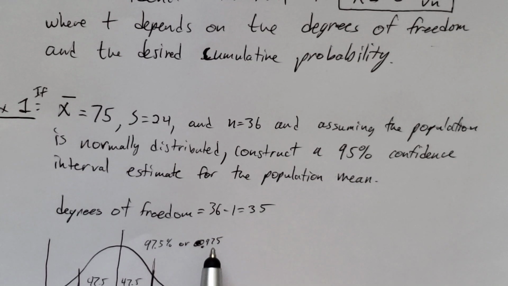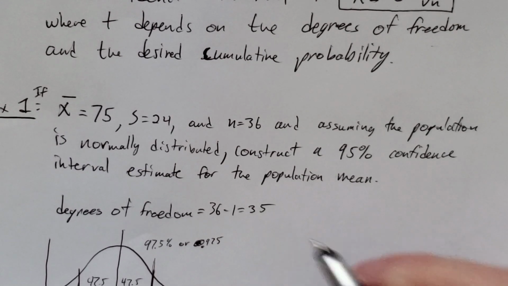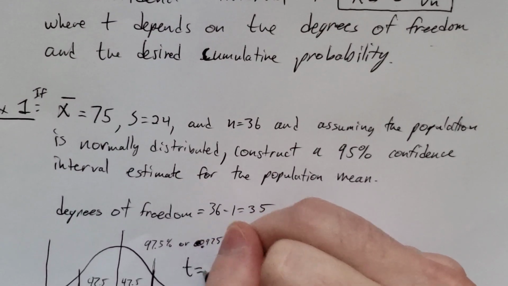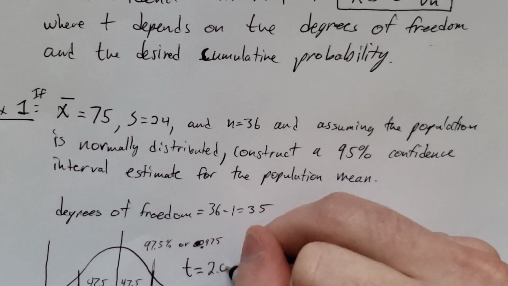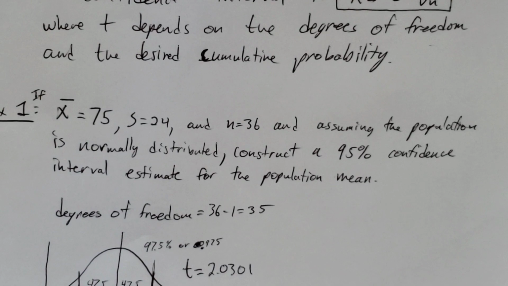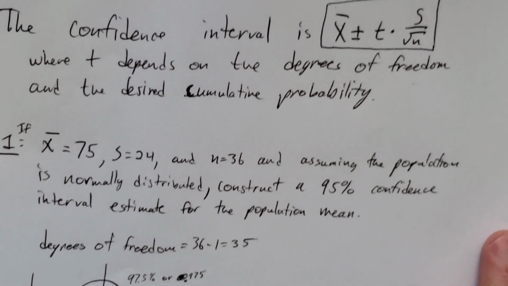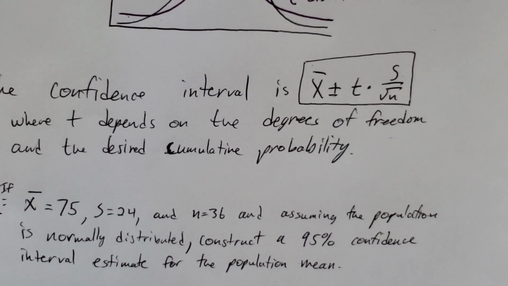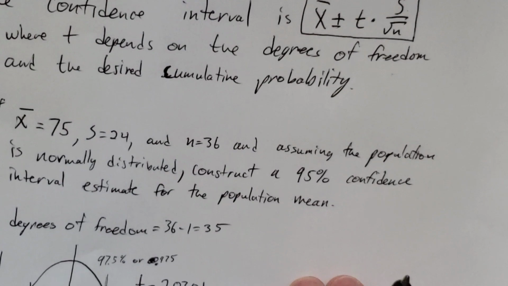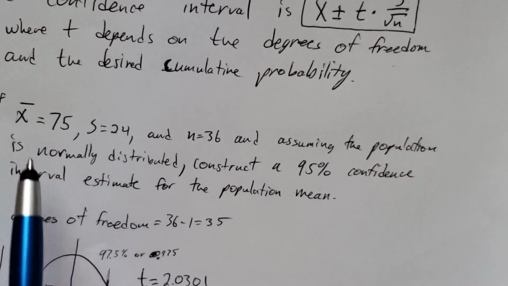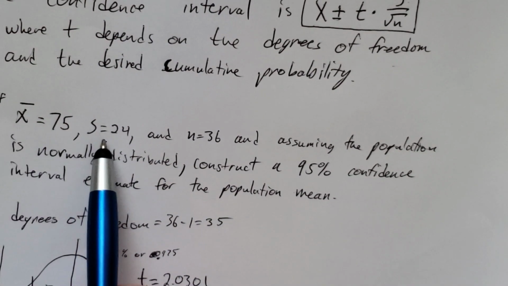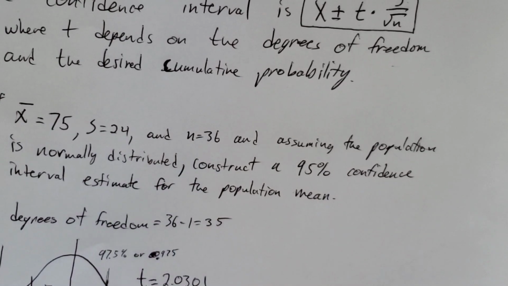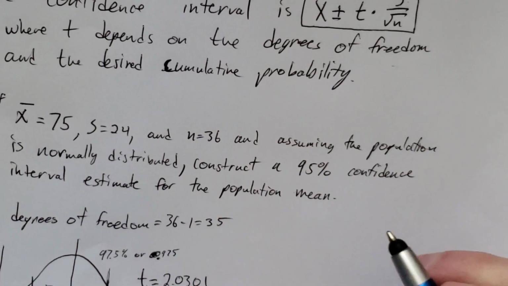When we look for that, we find that our associated t-value is 2.0301. Then we just use this formula with t equal to 2.0301, the sample mean 75, the sample standard deviation 24, and our sample size 36.